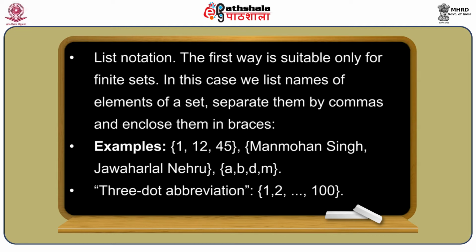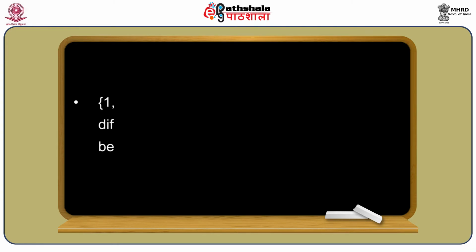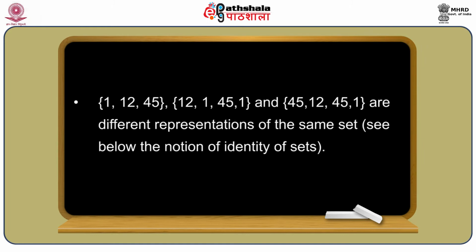Note that we do not care about the order of elements of the list, and elements can be listed several times. So {1, 2, 45, 12, 1, 45, 45, 12, 45, 1, 12, 1, 45, 1}, they are all different representations of the same set. Okay? See below the notion of identity of sets.